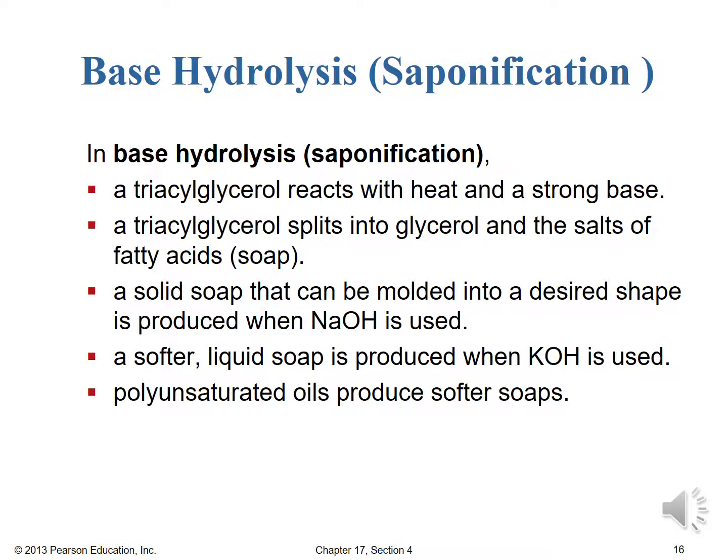And also, if you look at the fatty acid residues themselves, if you get polyunsaturated oils, you'll produce softer soaps than if you get the monounsaturated or saturated fatty acid residues. So things like sodium stearate would give a nice solid soap, whereas potassium oleate would give a softer soap.